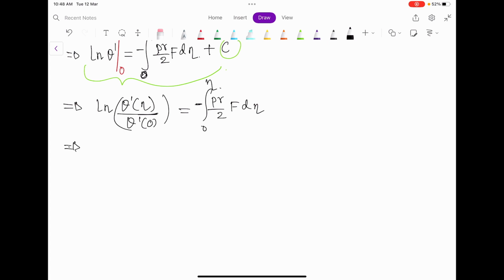So that means I have d theta d eta as e to the power minus Pr by 2 f d eta from 0 to eta, into theta dash of 0.